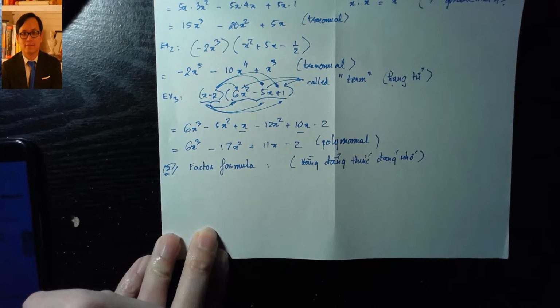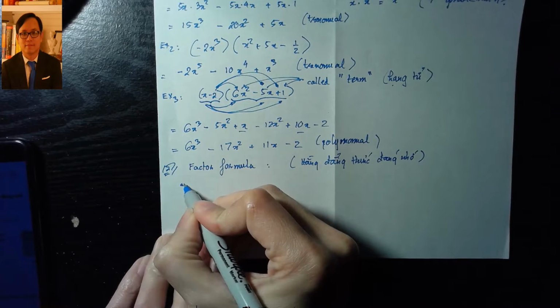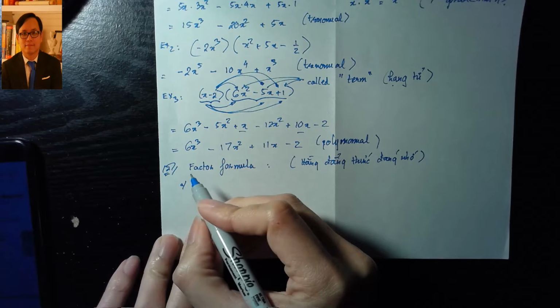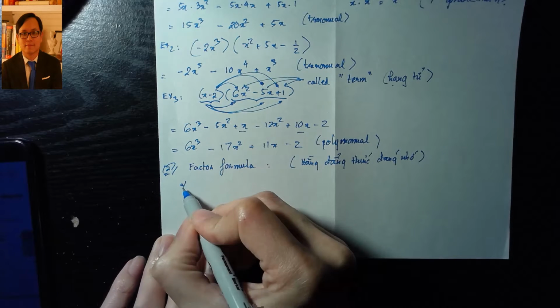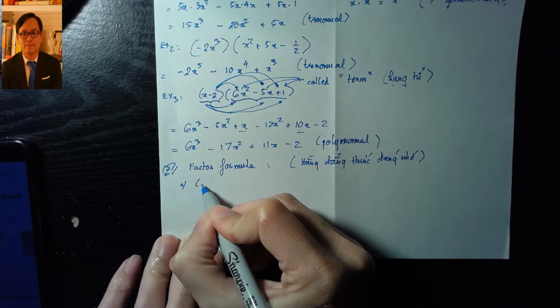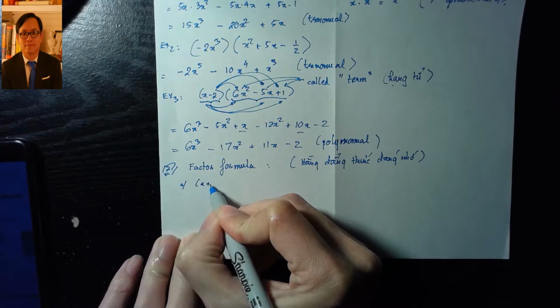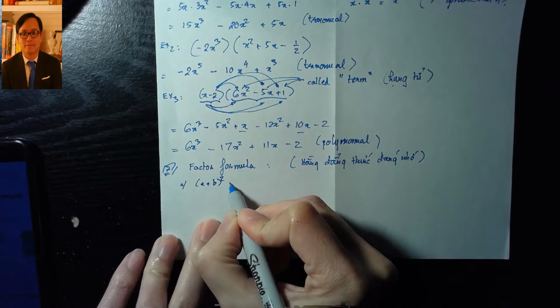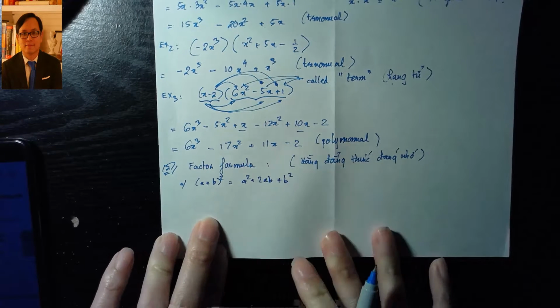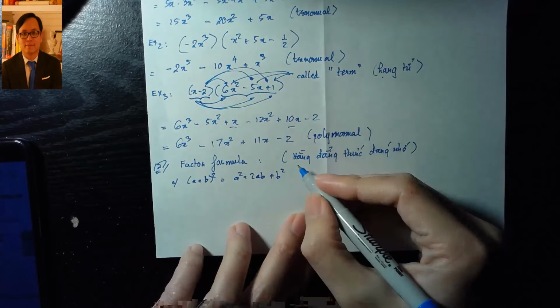And the first one looks very familiar to you guys already. The first one is a plus b squared equals a squared plus 2ab plus b squared. Okay.